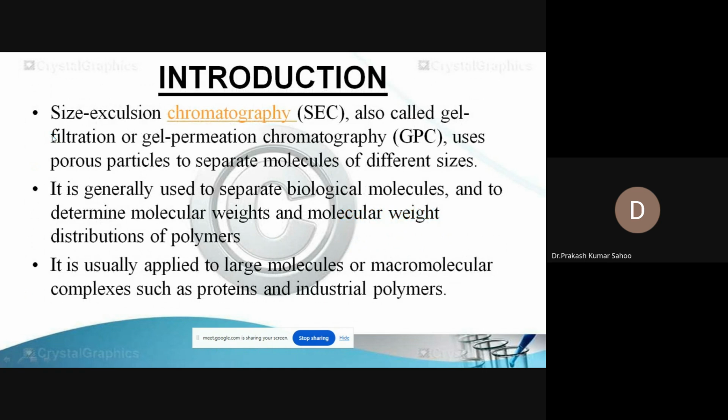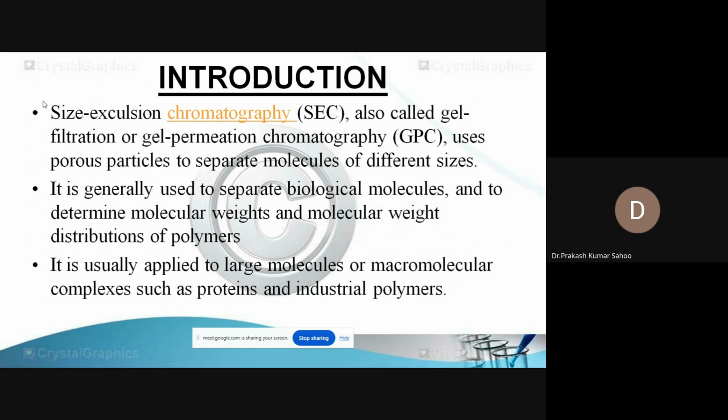Or if permeation is supposed to be happening, then it is gel permeation chromatography, which uses porous particles to separate molecules of different sizes.